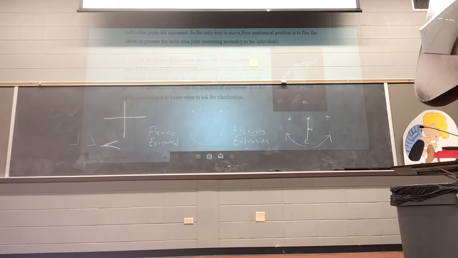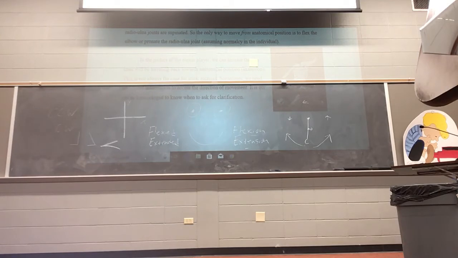I'm just giving you some examples of how I can look at his position and know how he has to be relative to anatomical. His left shoulder is abducted. Why? Because I'm being relative to anatomical position. His right knee is flexed, and his left hip is flexed, and his right hip is extended, and his trunk is right laterally bent.